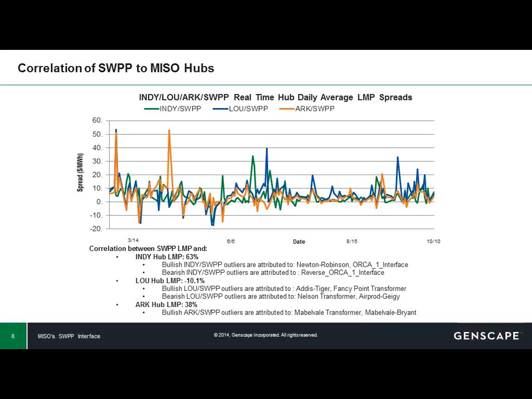And the big outliers were identified for the SOCO versus Swpp outliers.